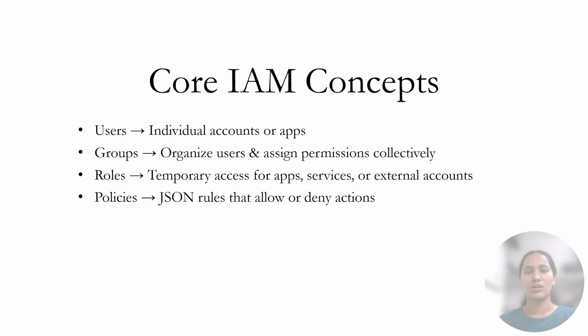Talking about the core concepts. At its core, IAM revolves around a few key concepts: users, roles, groups, and policies. In IAM, we often mention IAM identity. IAM identities include IAM users, IAM groups, and IAM roles.